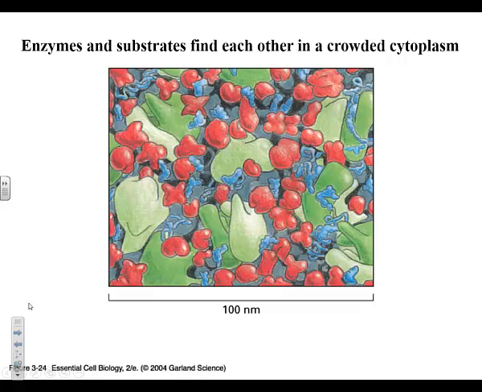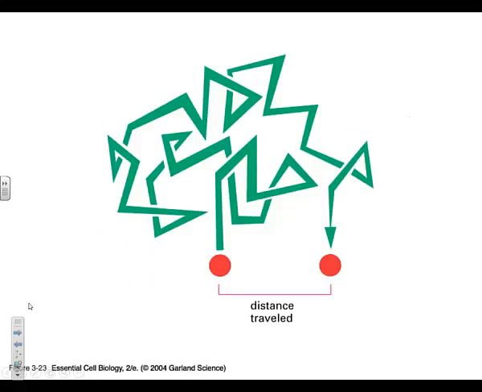But in the cytosol, all those parts minus the organelles, there's just random motion, a little bit of thermal motion. And so what ends up happening is that the enzyme and the substrate, just through their random motion, must meet.